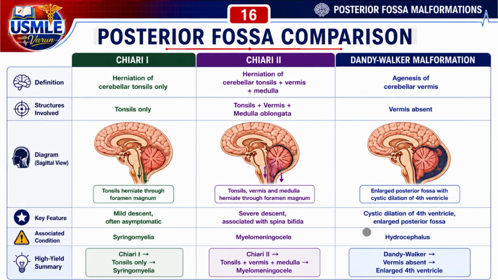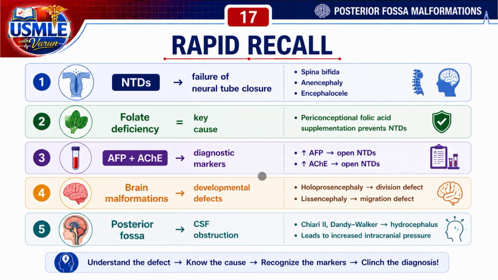Now let's try to revise everything we have learned in this module. So let's connect everything. In neural tube defects, there is failure of the neural tube closure. Common conditions could be spina bifida, anencephaly, and encephalocele. Folate deficiency is the most important cause of these neural tube defects.